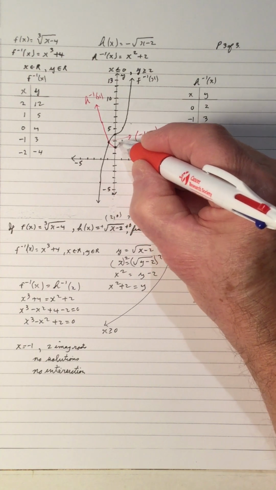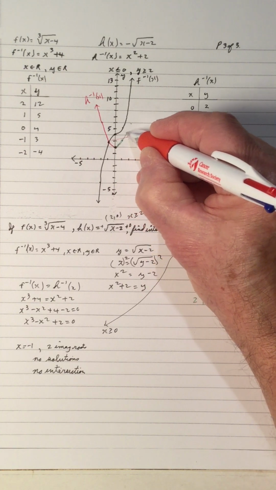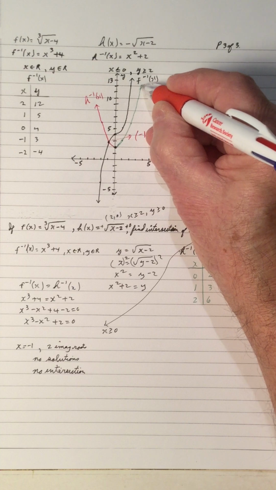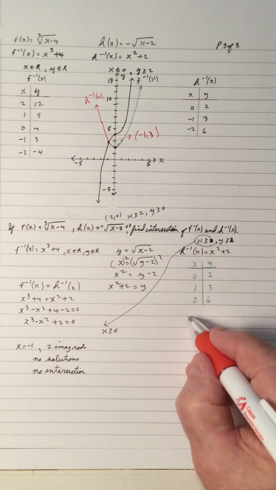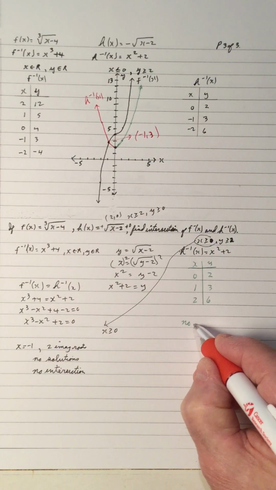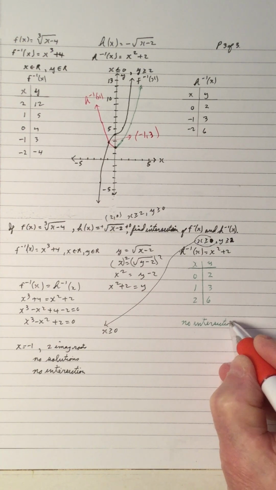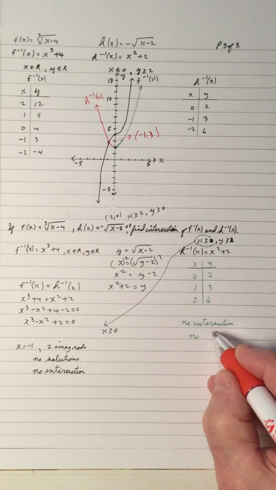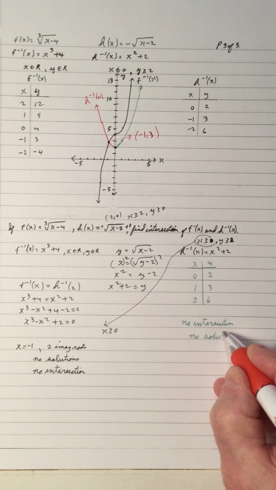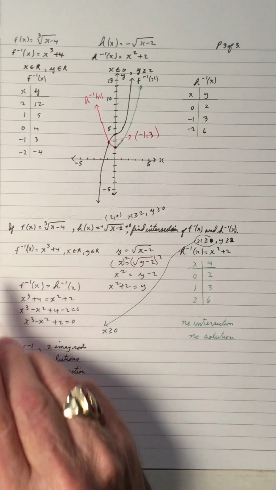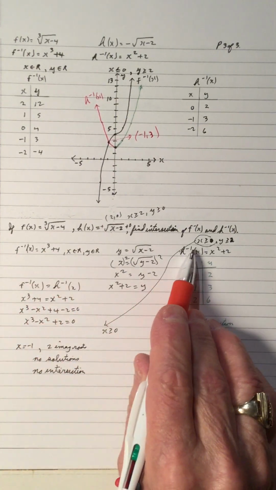And so if I draw that inverse, notice that there's no intersection. That means there's no solution to these when you make these two inverses, which are here and here.